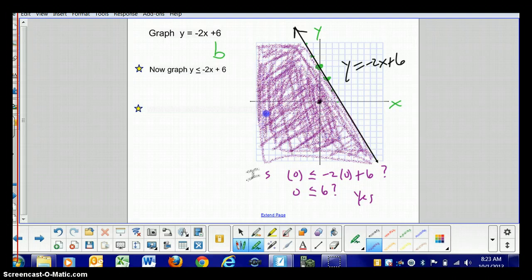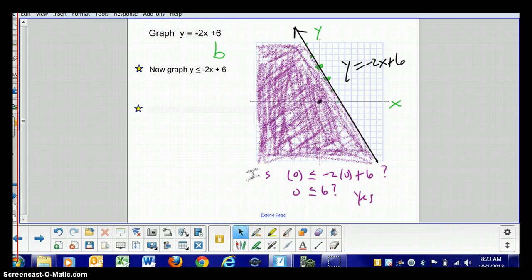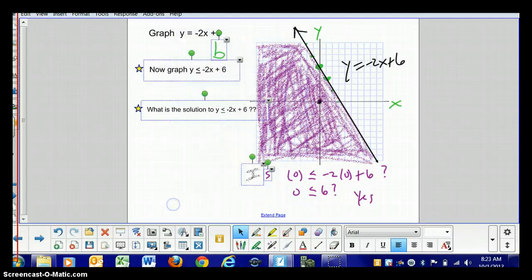Do you know what the line would look like if it were not part of the solution set? We'll touch on that later. Again, the solution would be all the points in the shaded region and beyond. It also continues all the way over here as well.